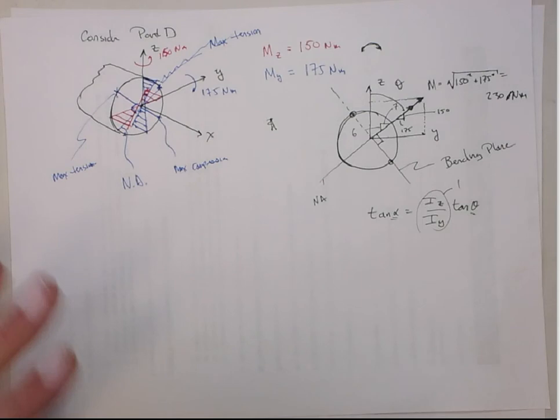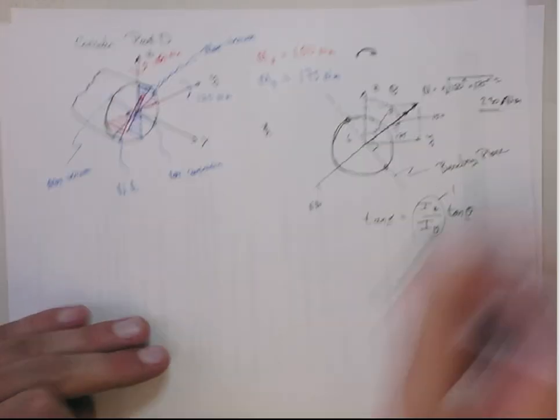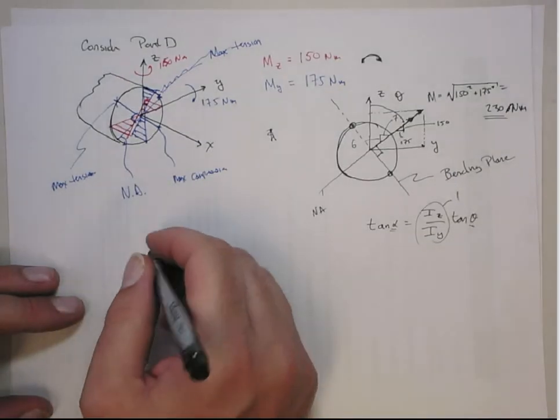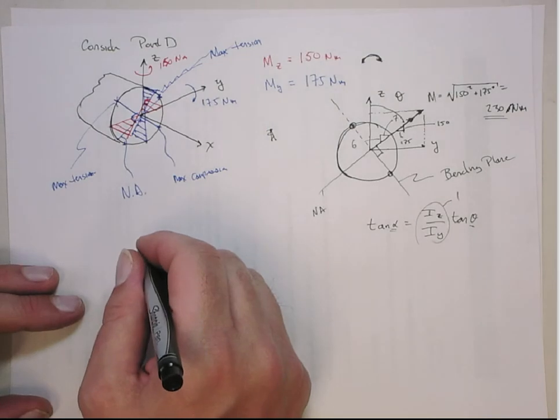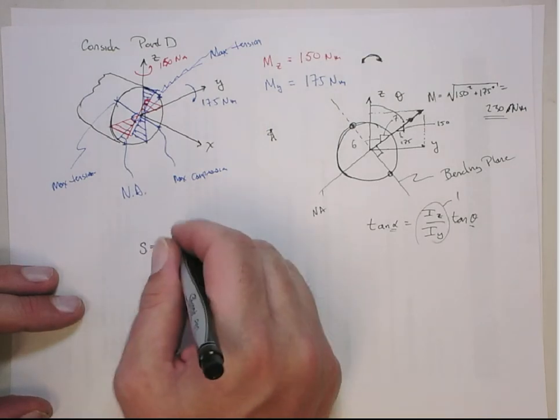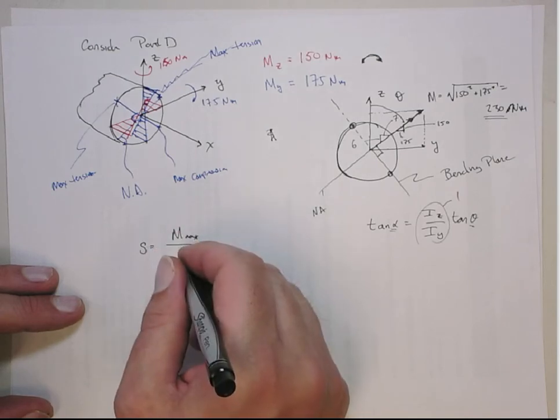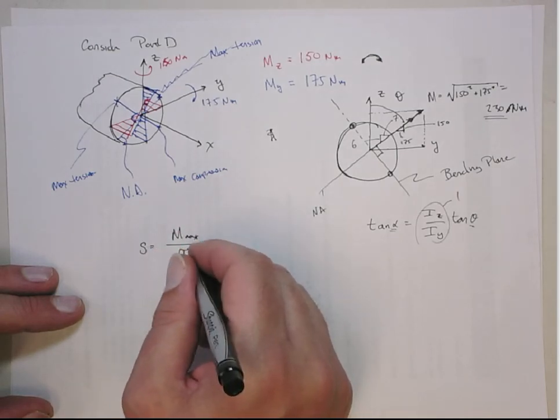So now actually I can treat this just as if it were a symmetric bending problem where the bending moment were 230. So now I know that the shape factor has to be the maximum bending stress over the allowable stress.